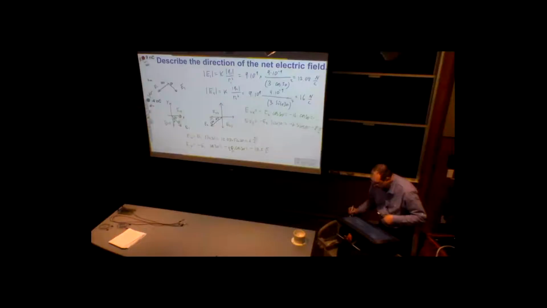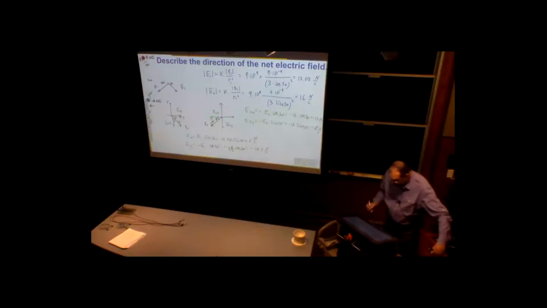$13? But okay, let's. Now we know components. What do we do now? This is what we are looking for relative to x and y components.